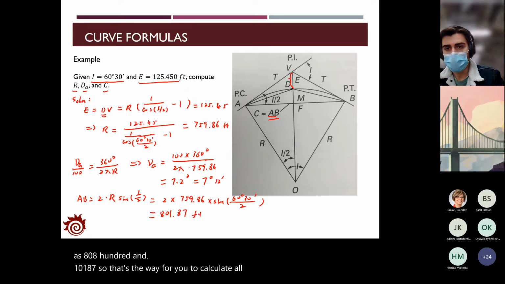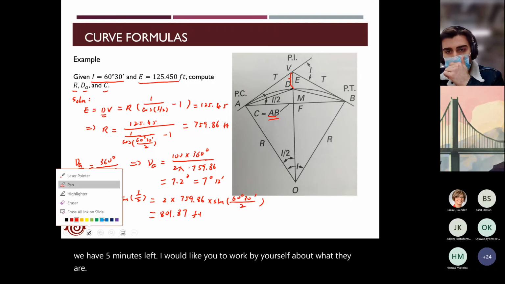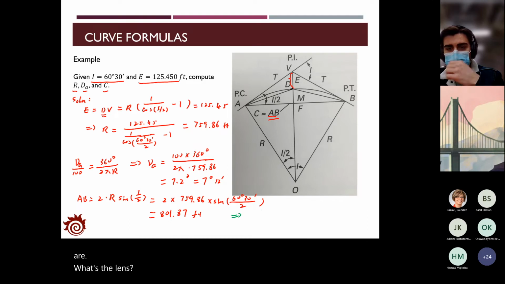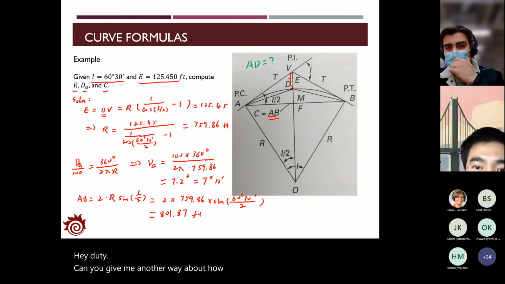And now we have 5 minutes left. I would like you to work by yourself on what's the value of A to D. Can you give me a way to calculate the value from A to D?